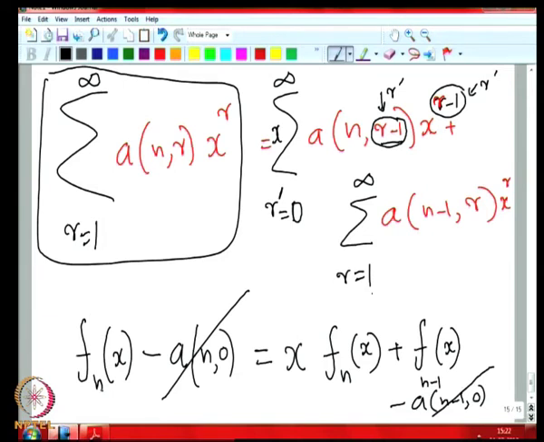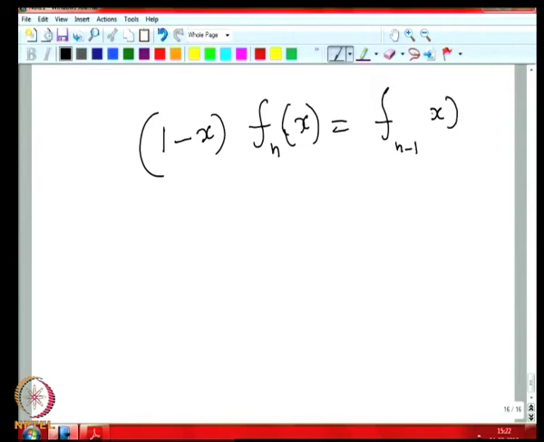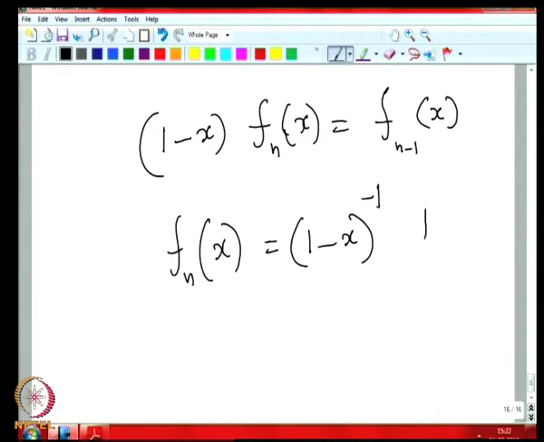So, now we can rearrange the terms and get that 1 minus x into f n of x equal to f n minus 1 of x. So, f n of x is equal to 1 minus x to the power minus 1 into f n minus 1 of x, or we can write it this way also, f n minus 1 of x by 1 minus x.